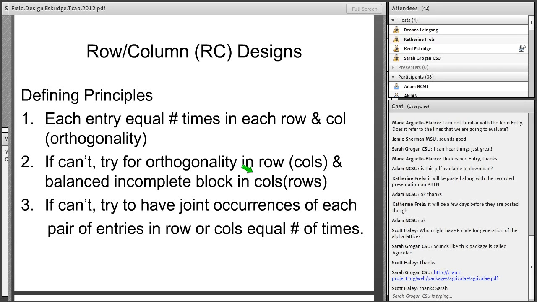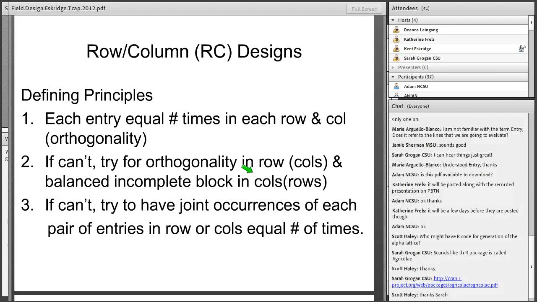But if you can't get that, then you'd like to get all the treatments appearing in a row, and then a balanced incomplete block design maybe in the columns, or vice versa. That's the second best thing, if you can get that. And if you can't even get that, then you'd like to have the joint occurrences of each pair of entries in a row or column an equal number of times if possible. So let me give you some examples of these.